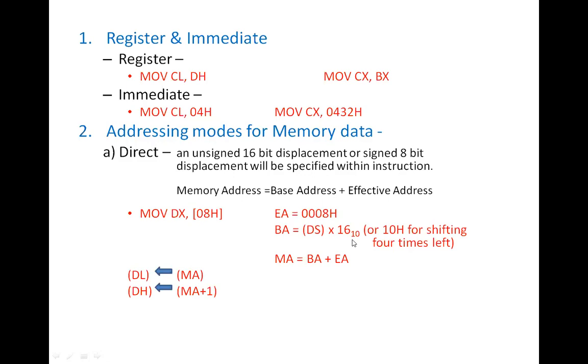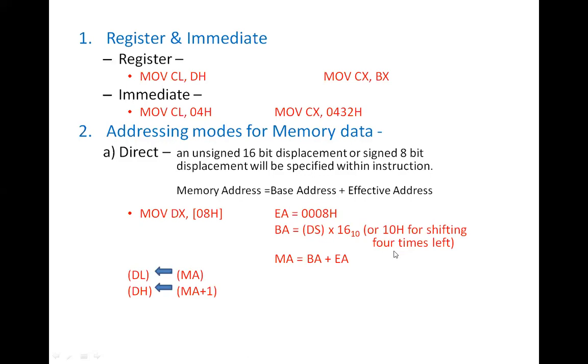16 decimal number. Both will be working in the same manner, or multiply it by 10 hexadecimal number to shift 4 times left. Either we multiply the content of the base address by 16 decimal number, or maybe multiply it by 10 hexadecimal number. It automatically means it is going to shift 4 times left.